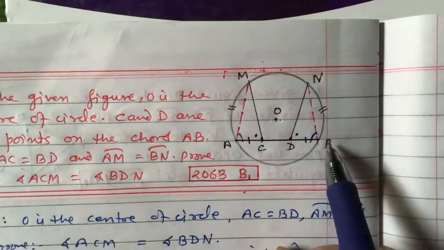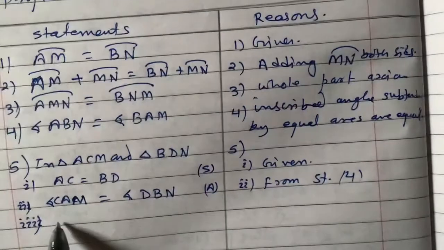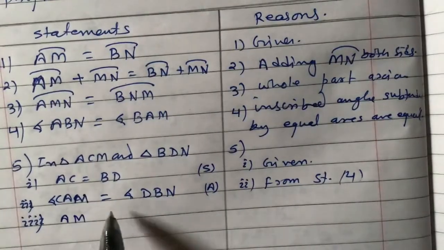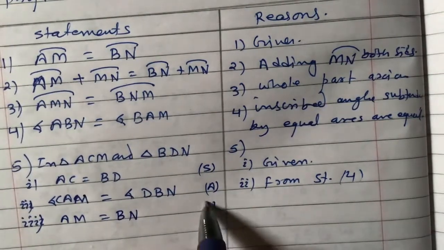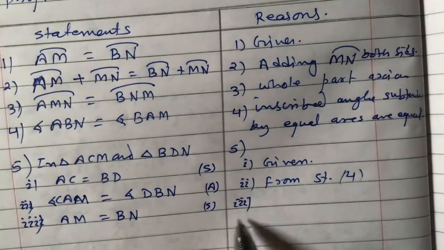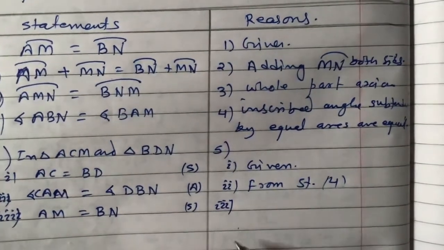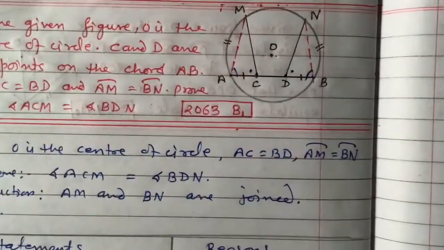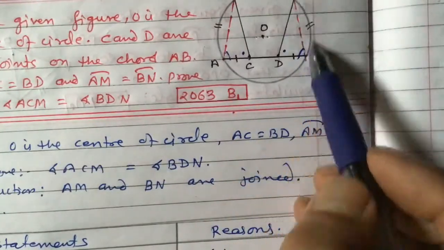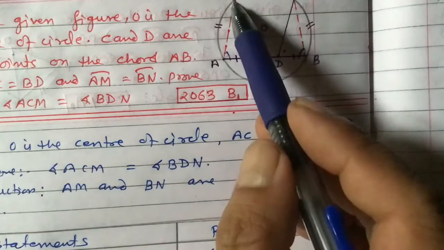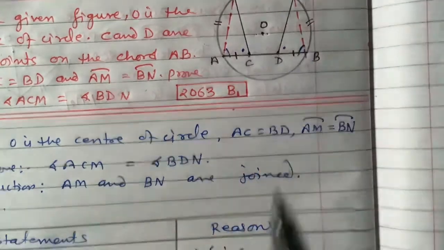Now the third one: AM equals BN. Why is AM equal to BN? The reason is that corresponding chords of equal arcs are equal. Look at what is given: this arc and this arc are equal. If two arcs are equal, their corresponding chords are also equal.